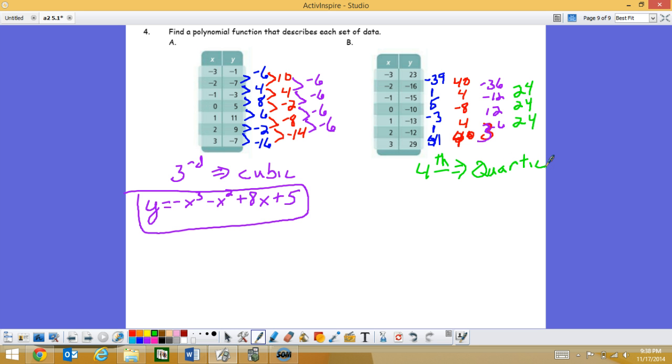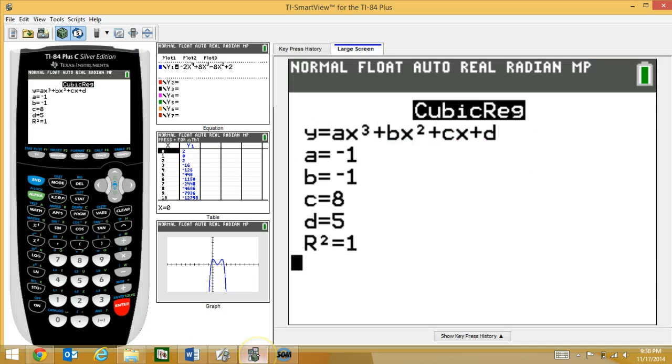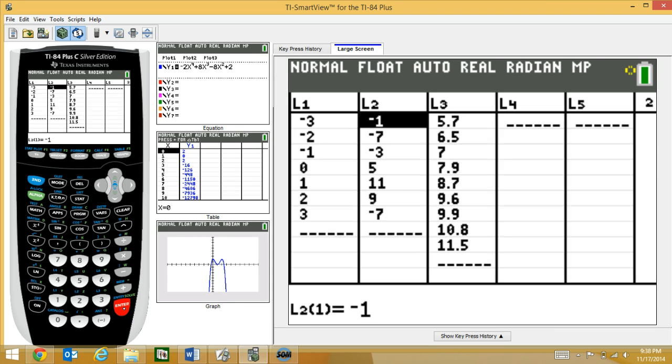So then, to find that quartic, we go to our lists, Stat, and Edit. And the x-coordinates are exactly the same that we did for part A, so we don't need to change that. What we do need to change are the y values. So we'll enter 23, negative 16, negative 15. I forgot to hit enter.